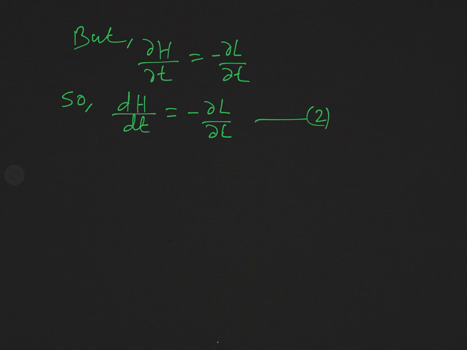Now if L is not an explicit function of time, then what will be this term? This term will vanish, this term will be 0.